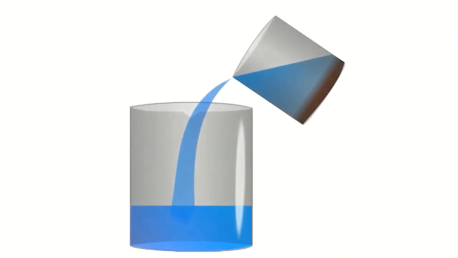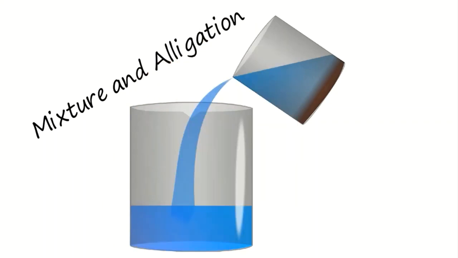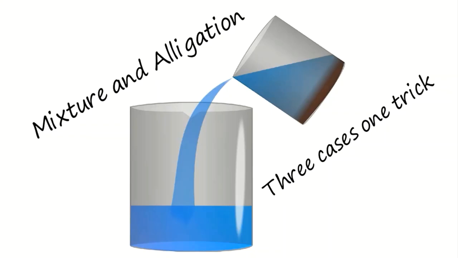There are three difficult and most frequently asked questions in any aptitude exam from the mixture and alligation topic. Let me give you a trick through which you can solve all these cases.